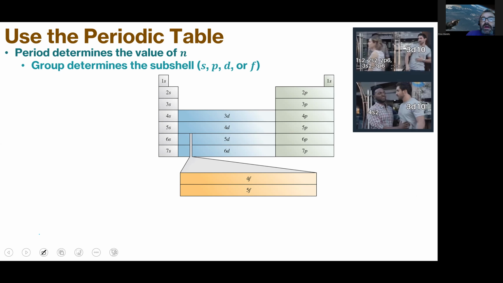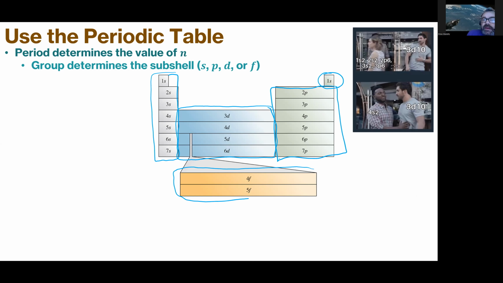So these guys and helium are S blocks, so you're going to end on an S. The rest of the main group is P blocks, so you're going to end on a P. We have Ds in the middle. The transition metals are filling D orbitals, and then the inner transitions, those lanthanides and actinides, are filling F orbitals.